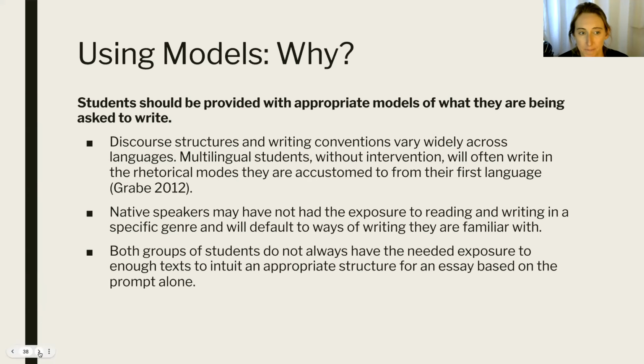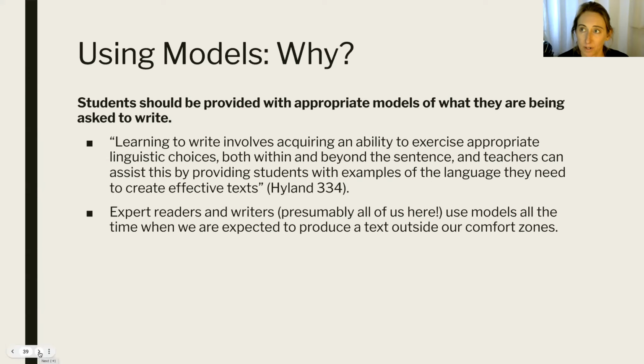Next slide, please. And I think when it comes down to it, all of us, presumably in this Zoom room, are expert readers and writers, and even we use models when we're being asked to produce a text that we're unfamiliar with. So even think back to the first time that you submitted a conference proposal.